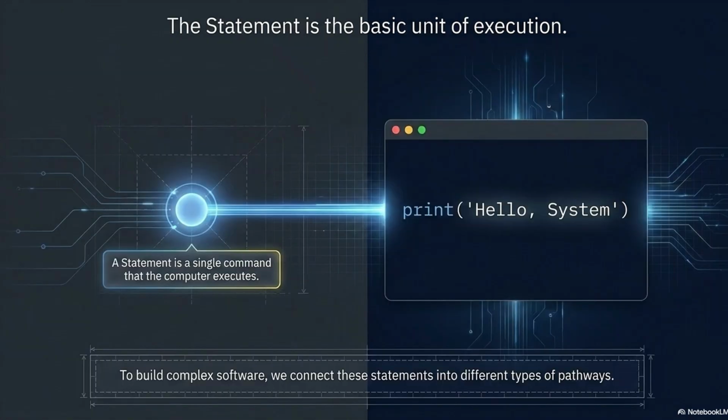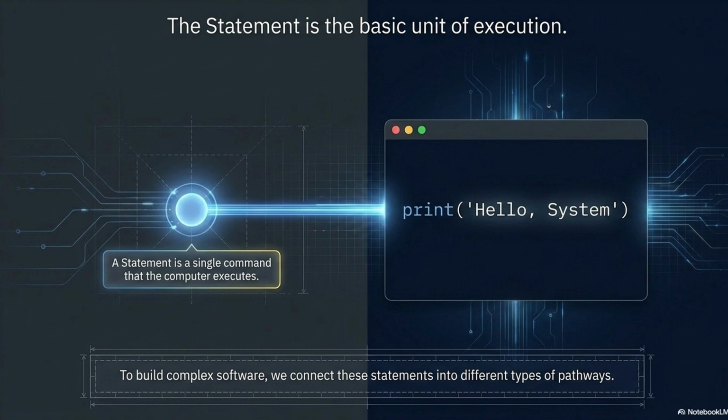Now what is a statement? It is a basic unit of execution, a single command that the computer executes. For example, take print hello system. What will it perform and what will be the output? It gives hello system.